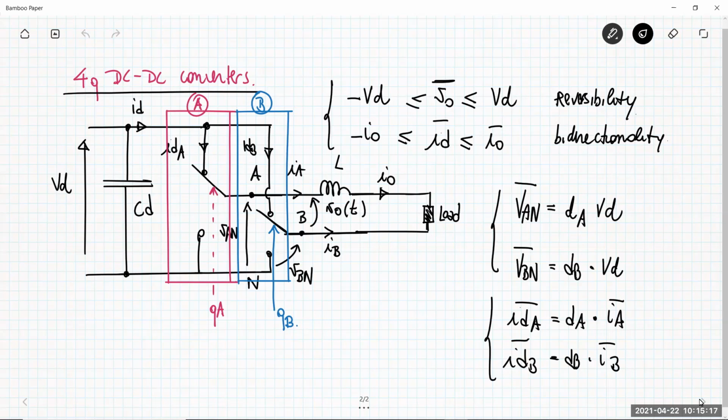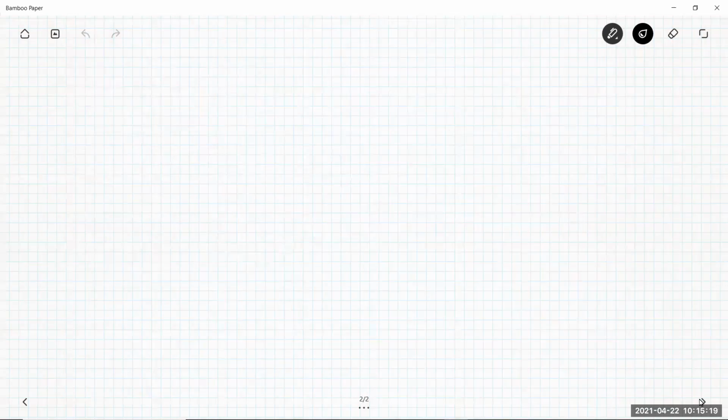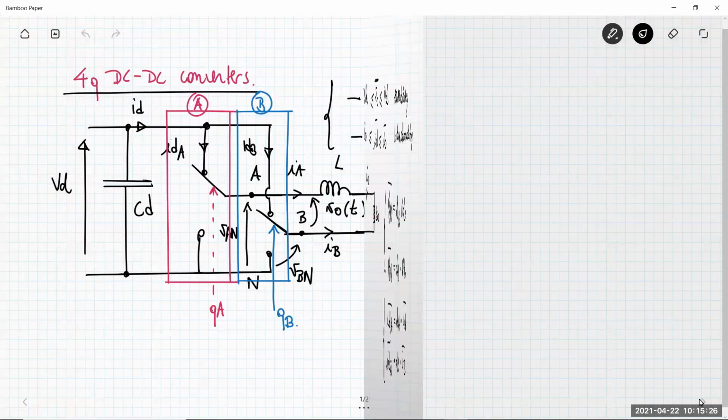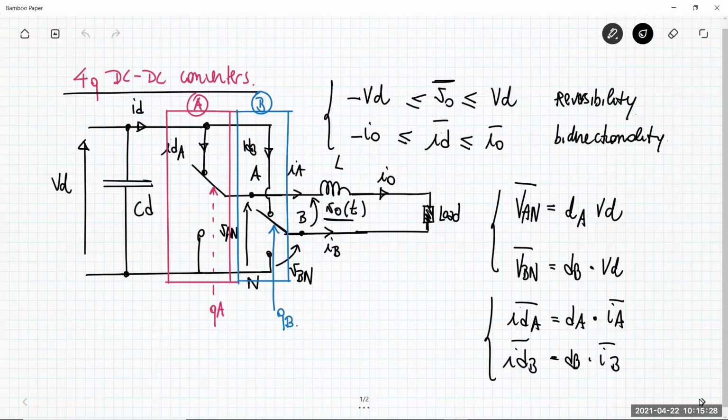This comes from the previous analysis of the single switching power pole. If you look at the output port of this circuit, the voltage V0 is simply the difference between VAN and VBN.